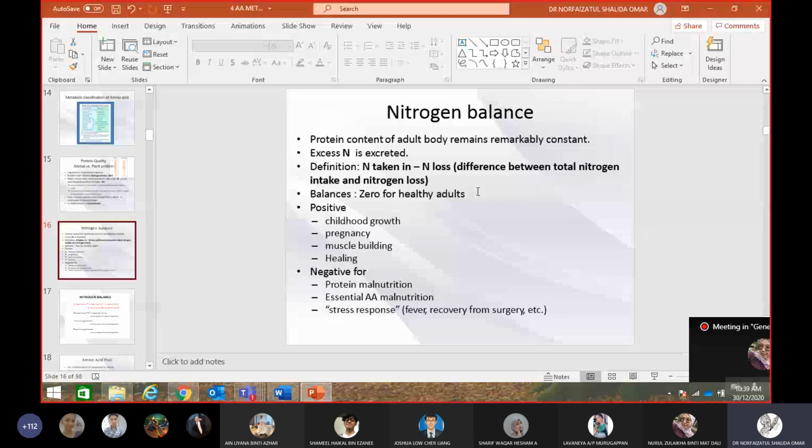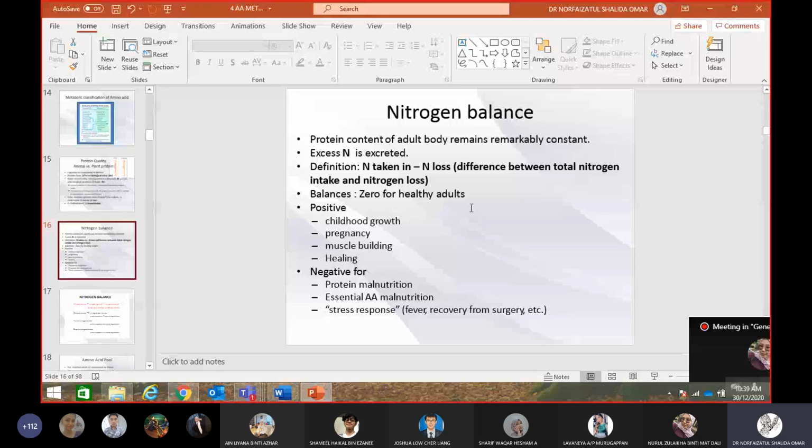If there's an excess of this nitrogen, it will be excreted through the urea. Which is why protein is always related to the urea cycle. What is meant by nitrogen balance is that the difference between total nitrogen intake and nitrogen loss is the same. So our body maintains this nitrogen balance. For healthy adults it is zero.